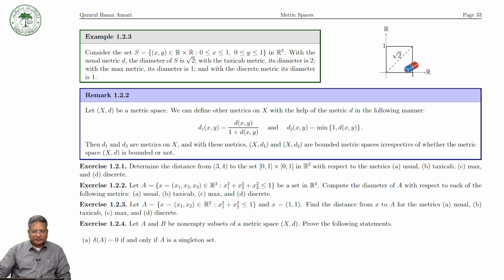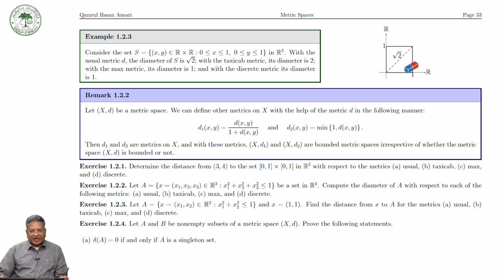So with respect to different metrics, the diameter is different, and similarly the distance between any two points, or between any two sets, is not necessarily the same. It could be different with respect to different metrics on a non-empty set X.